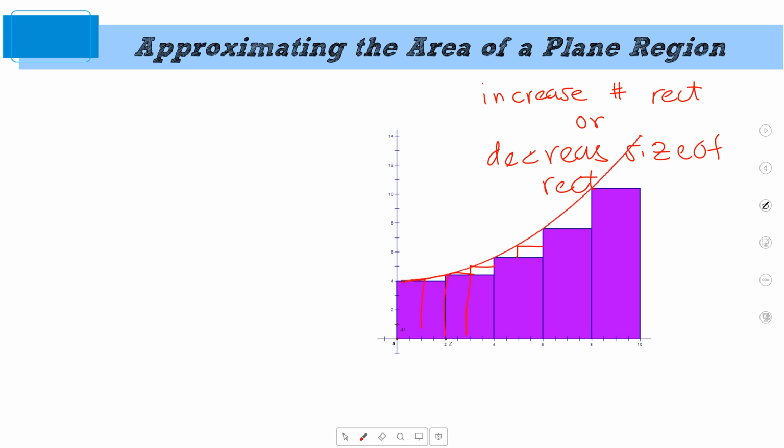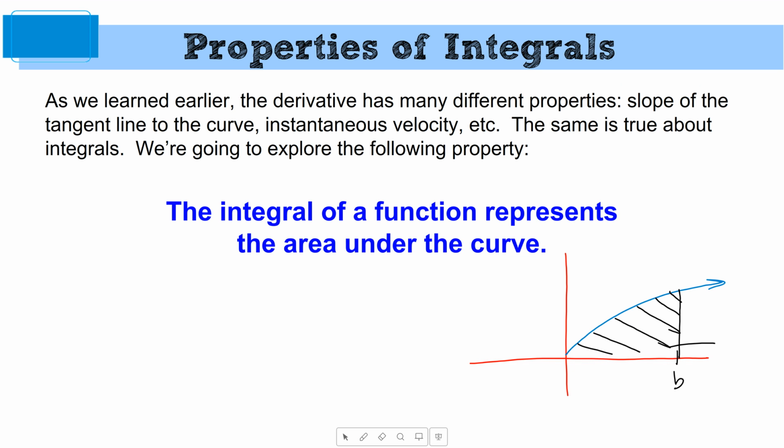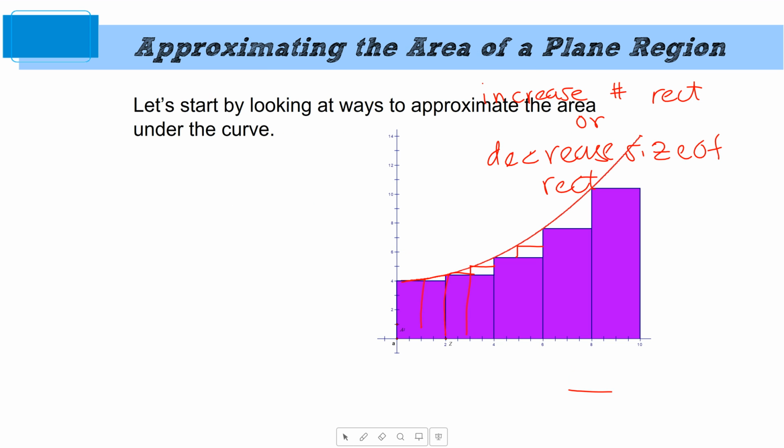Try writing when you can't see what you're writing. All right. That's not even legible, but we'll go with it. Okay. So all we're going to do is start by approximating the area under the curve by using rectangles. These are approximations.